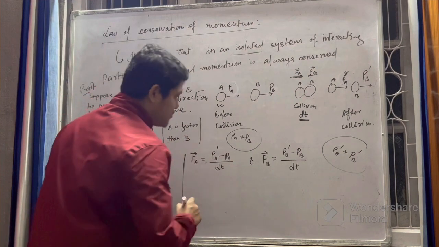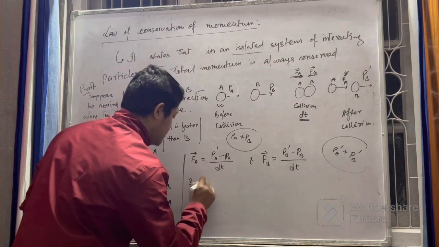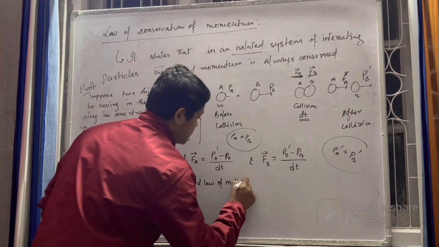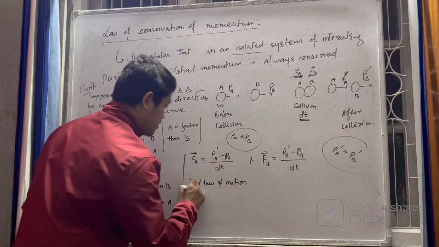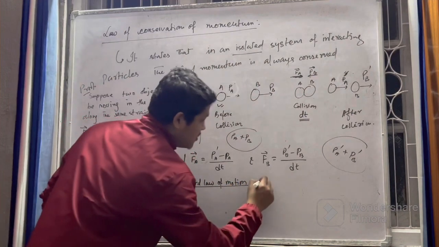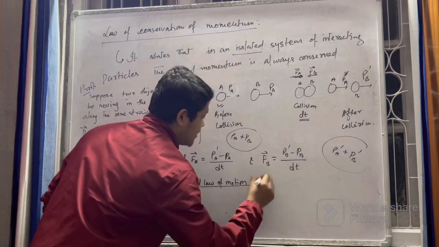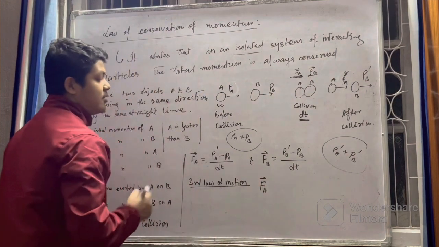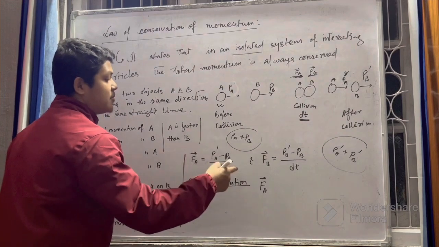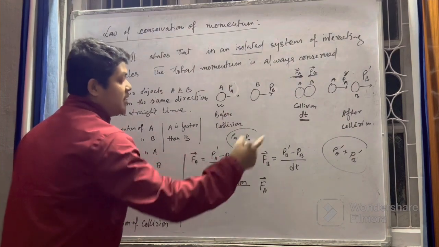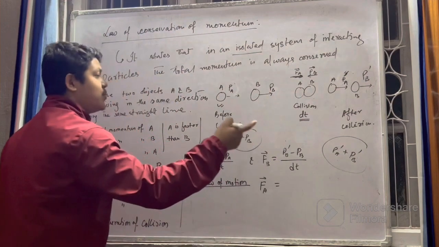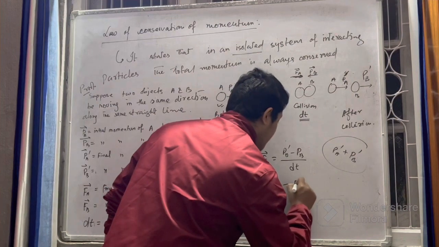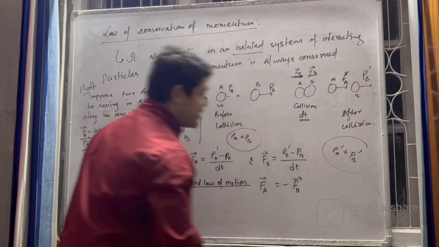Now you see, according to the third law of motion, every action has an equal and opposite reaction. That means if the ball A or object A exerts force Fa on B, then the force exerted by B on A, according to Newton's third law, will be equal but opposite in direction, right?